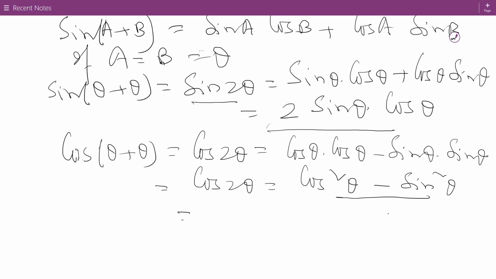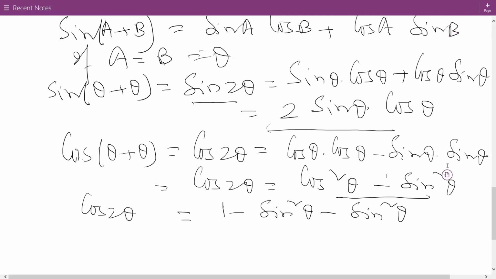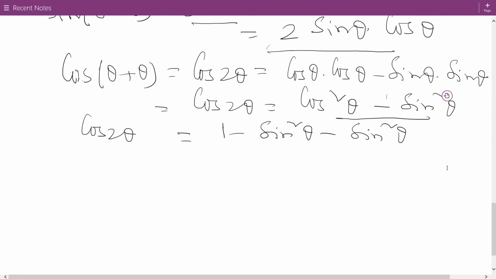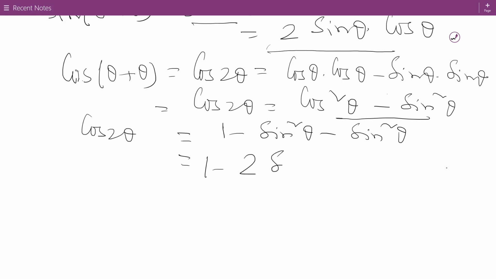You also write cos 2 theta: cos square theta means 1 minus sin square theta, minus sin square theta, now 1 minus 2 sin square theta.